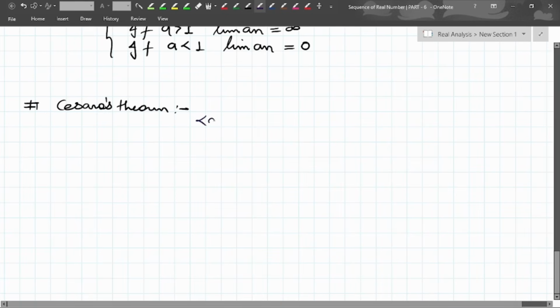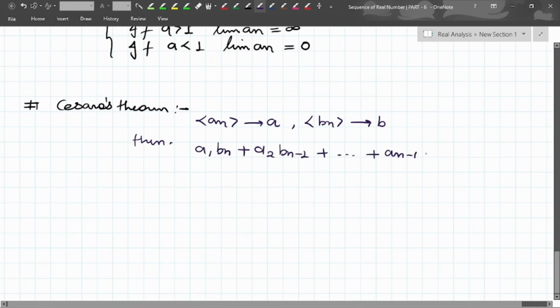If you have a sequence an which is converging to A and a sequence bn which is converging to B, then here we have (a1 bn + a2 b(n-1) + ... + a(n-1) b2 + an b1) divided by n. If you have a sequence like this, then it will go to A times B.